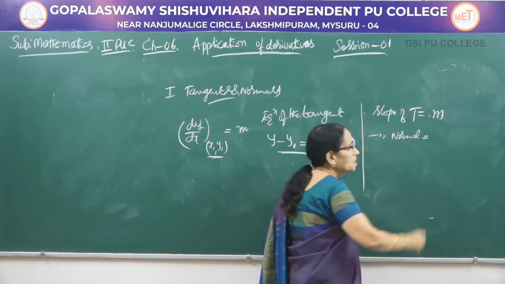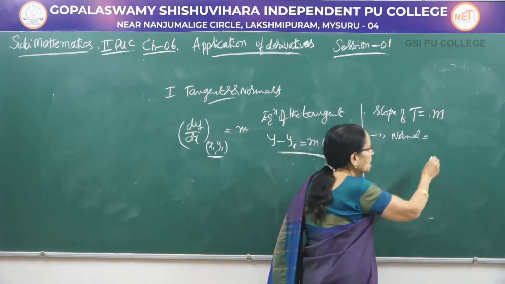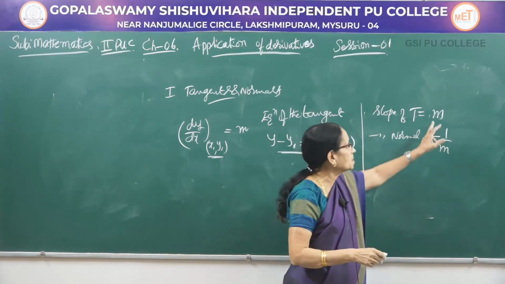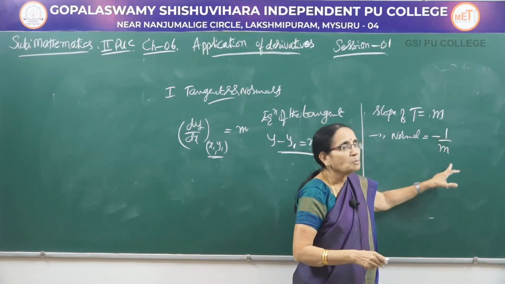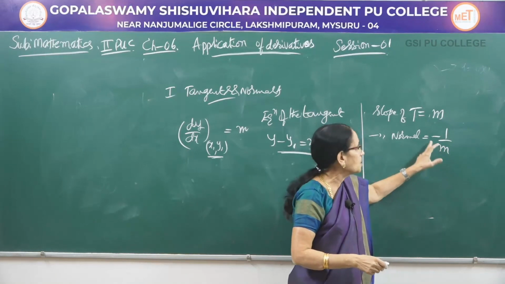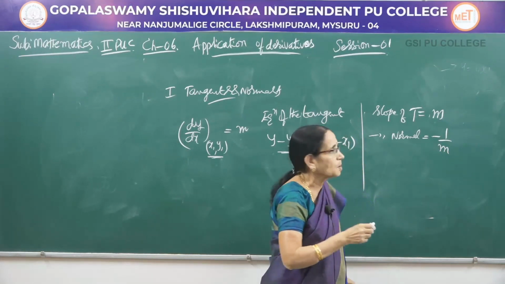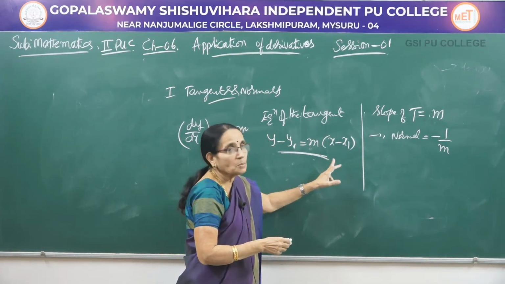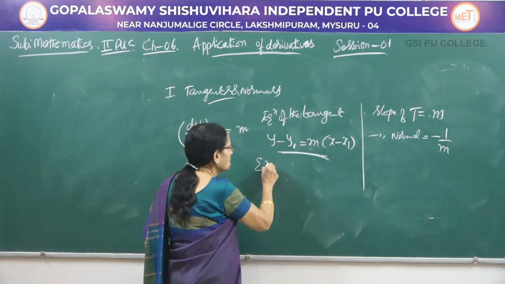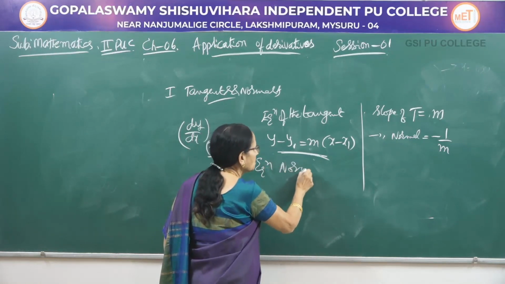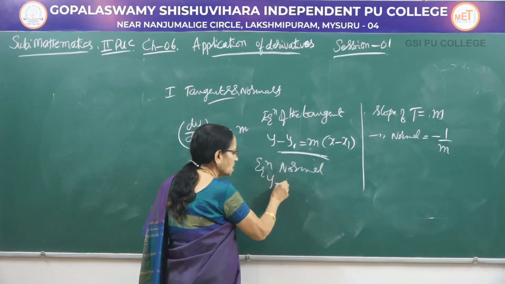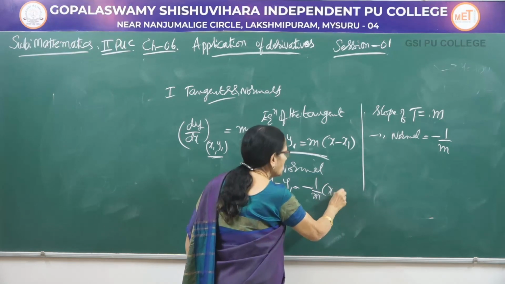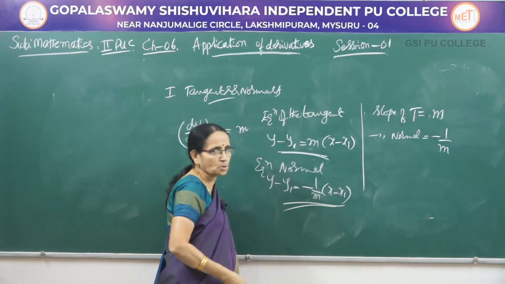Tangent and normal are perpendicular and the product of their slopes is -1. When this is m, this will be -1 by m. You multiply both of them, you get the product equal to -1. Therefore, the equation of the tangent is y minus y1 equals m into x minus x1, and the equation of the normal: the point is same, in the place of m, I write -1 by m, into x minus x1.